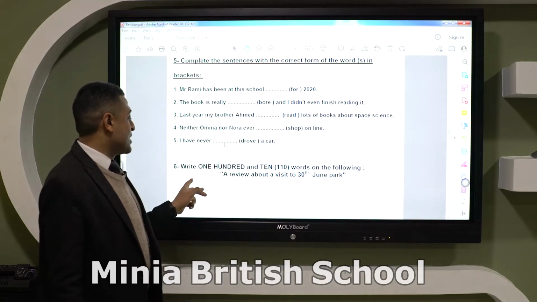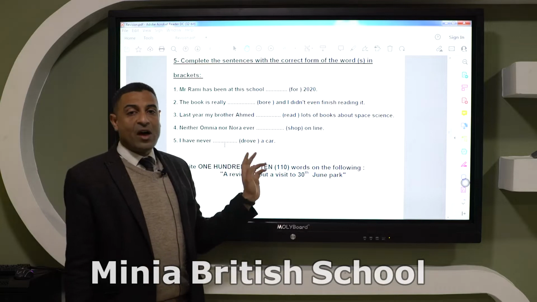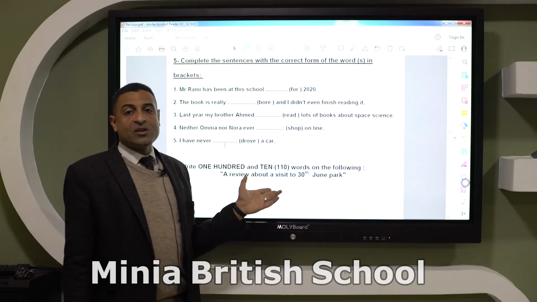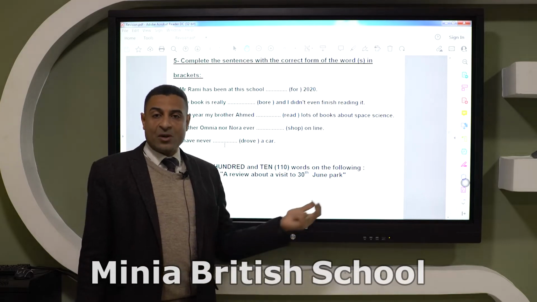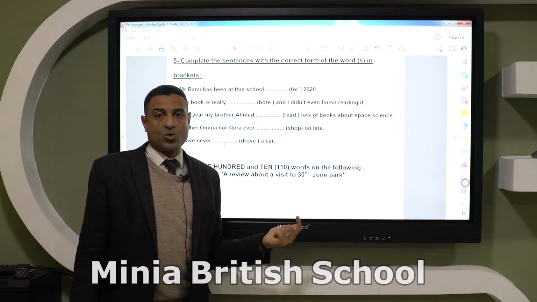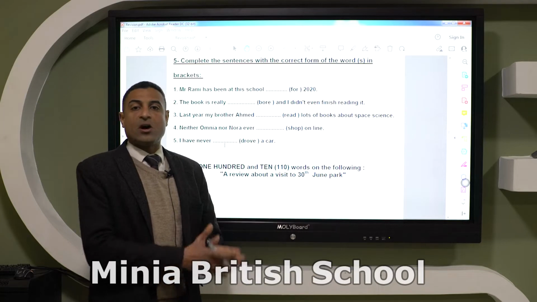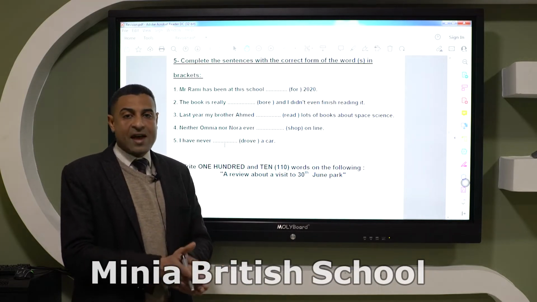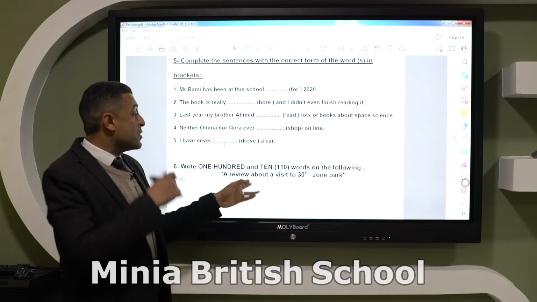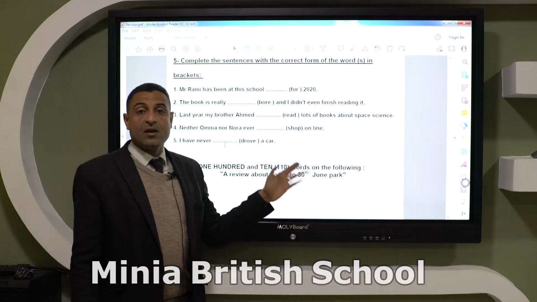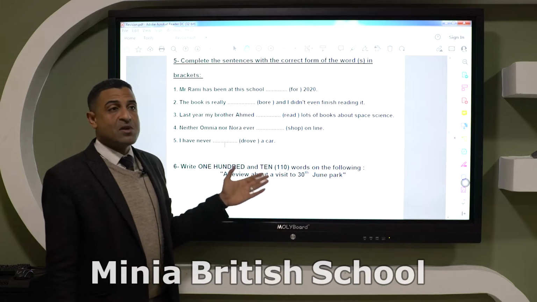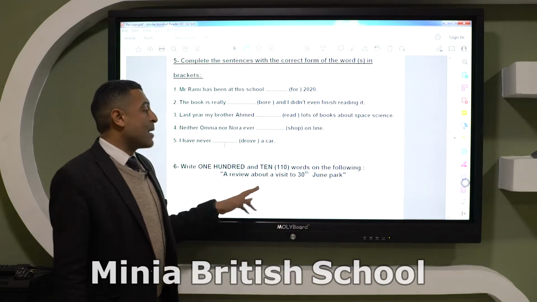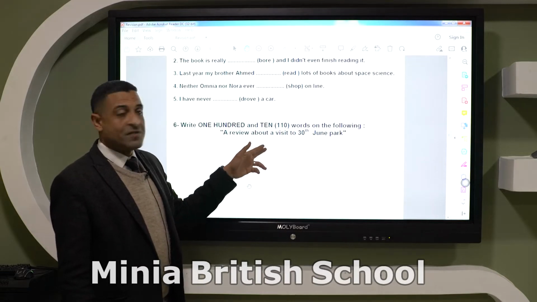And the last question is to write 110 words. It will be about a review or a biography or a short story. So these are the writing topics. According to the specifications of the exam, you will have to write a review about something, maybe about a book you have read, maybe about something you do or a place you have visited.